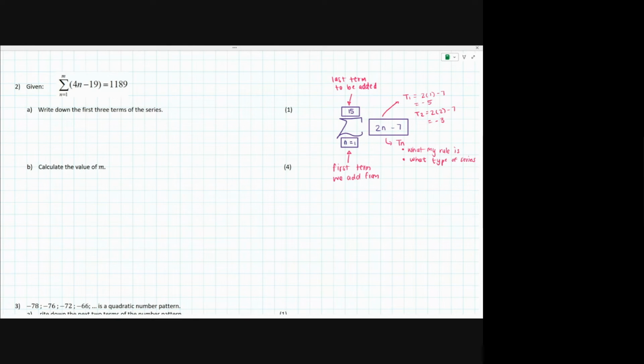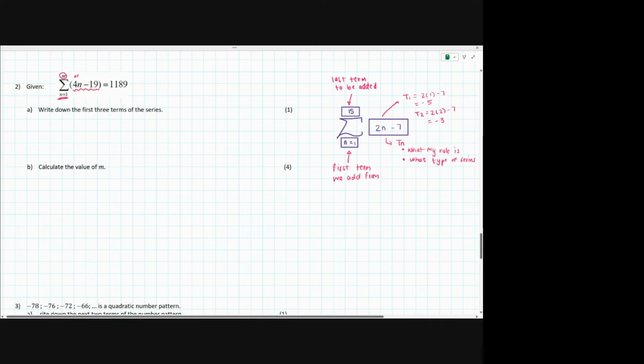So if we now take that knowledge and apply it to what we have going on here, this is telling me that I'm adding from term 1, n equals 1, to term m. So I don't know where I stop adding. I just know I stop adding at some point of the series 4n minus 19. Now this, because it's not a geometric, because it doesn't have an ar to the power n minus 1, there's no exponent.